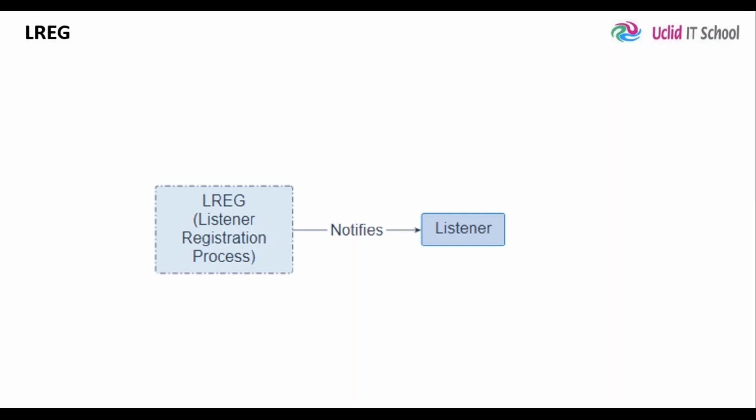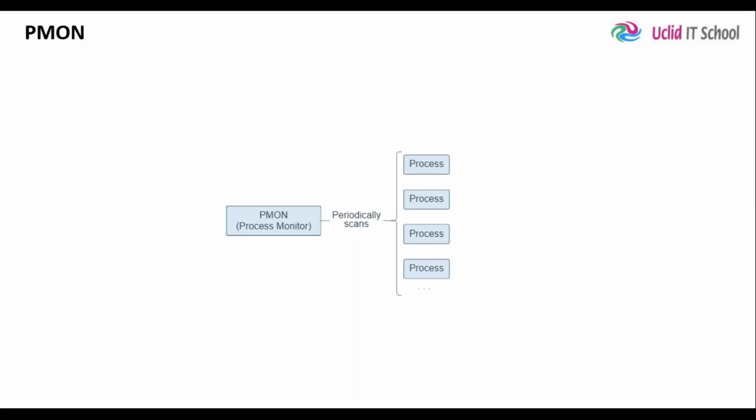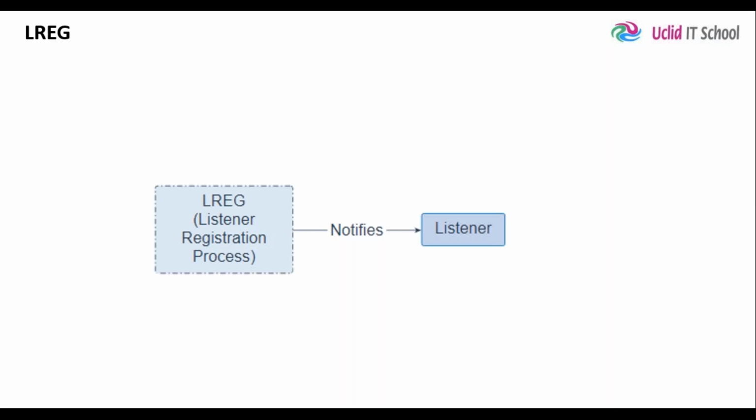So whenever a database instance started, whenever a service started, the LREG process notifies the listener that this service is started. In earlier releases of Oracle database, up to 11g, this work is done by PMON only. Now in 12c, PMON is relieved from this work, and Oracle introduced a new process called LREG.